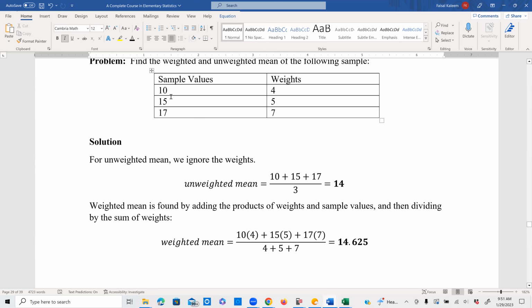So you do 10 times 4 plus 15 times 5 plus 17 times 7, and you divide this all by the sum of weights, which is 4 plus 5 plus 7. Remember to put parentheses around the whole numerator and the whole denominator if you want to do it in one stroke on the calculator. And so the weighted mean is 14.625.